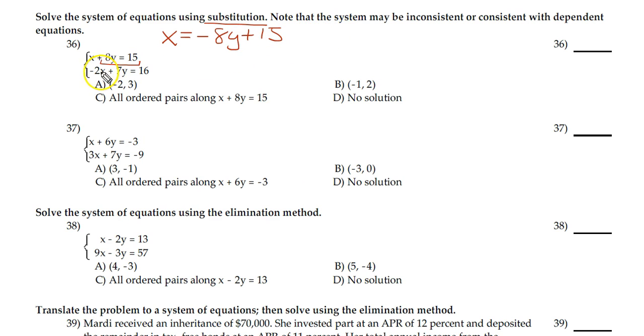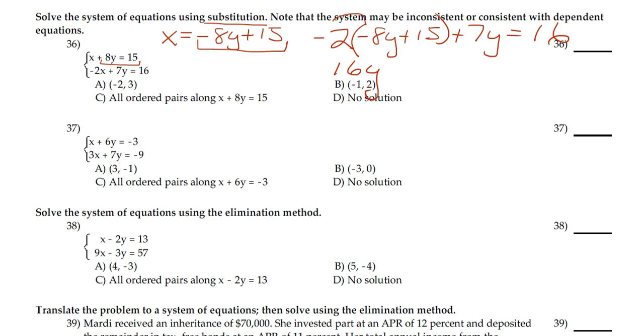Now we have our other equation, a -2x, but we're going to use this value to substitute for that x. So we put that there, -8y plus 15. That's what we're saying x is. So where this x is, that's what we do.